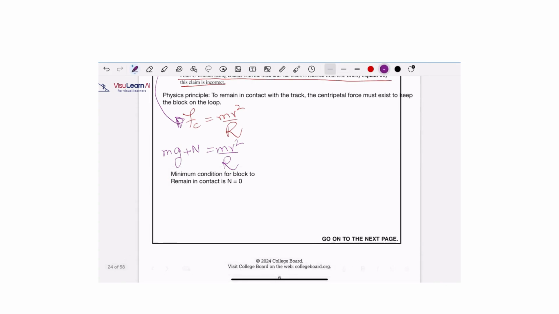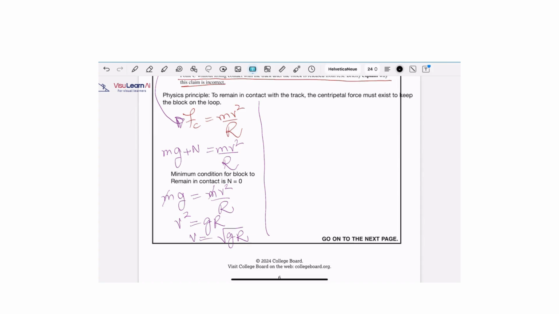Obviously N can have a force, but in this case we're looking at the condition for N equal to 0. If N is equal to 0, we have simply mg equal to mv squared over r, and then we can get rid of the m's, and we're left with v squared equal to gr, or v equal to square root of gr. Now that is our velocity condition, which is the minimum condition to remain on the track.